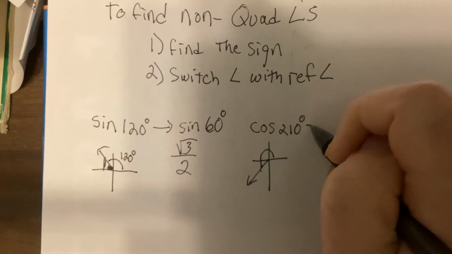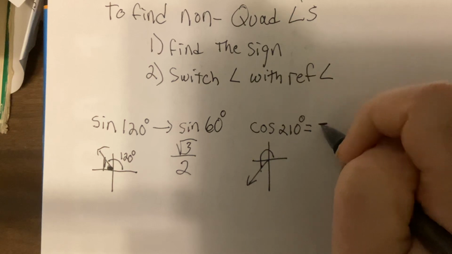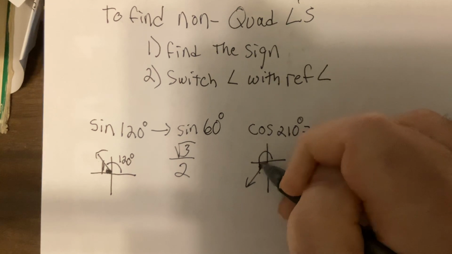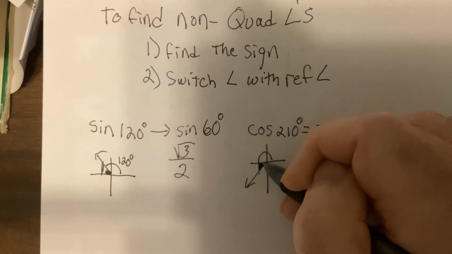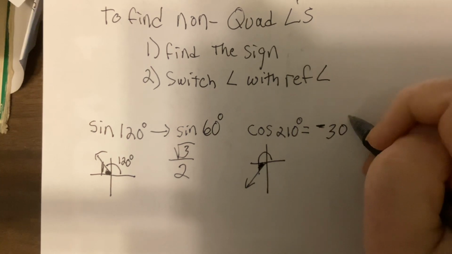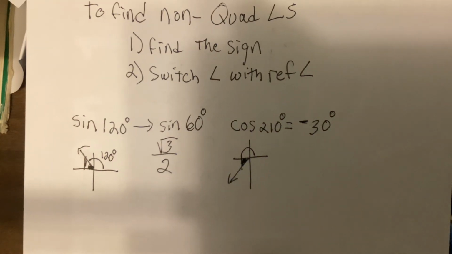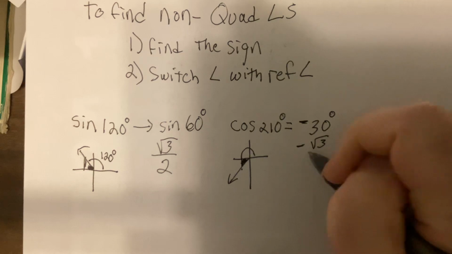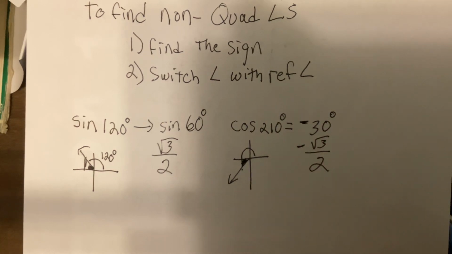Negative divided by a positive is negative. Then how many degrees is it between? Well, 180 and 210, that would be 30 degrees. And we know the cosine of 30 is square root of 3 over 2.